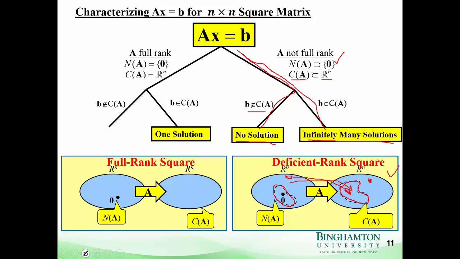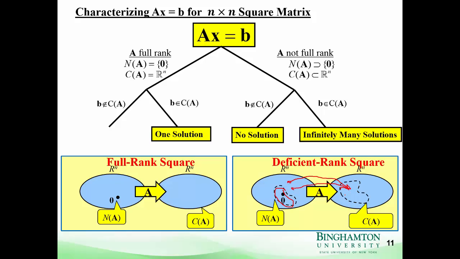Let me clear some of this ink off and I'll tell you why. There will be some X here that will map over to there. But there will be another X that will be that X vector plus something else in this null space. So maybe it will be here. The sum of those two vectors will give me this, and that will also map to there.